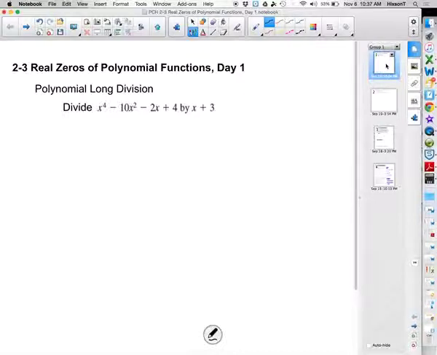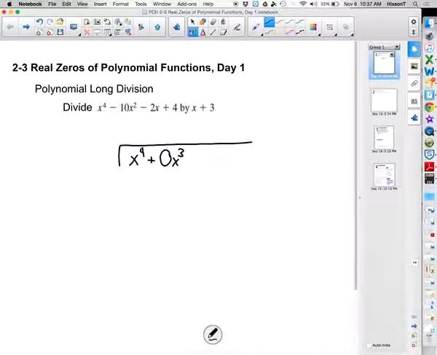So, let's start out by writing out the problem. And when we do this, we need to be careful because what do you notice about this polynomial that we're dividing? What's it missing? X cubed. It's missing an x cubed term. When you write this out, you need to make sure that you account for that with a placeholder.